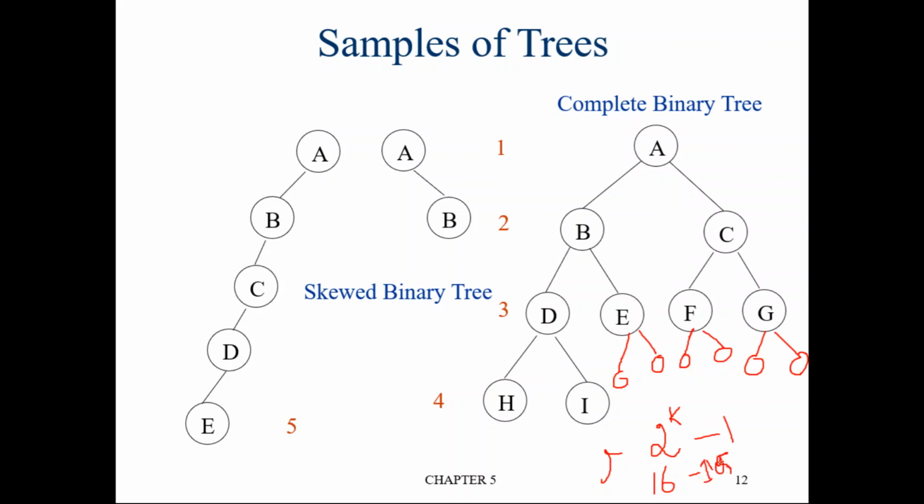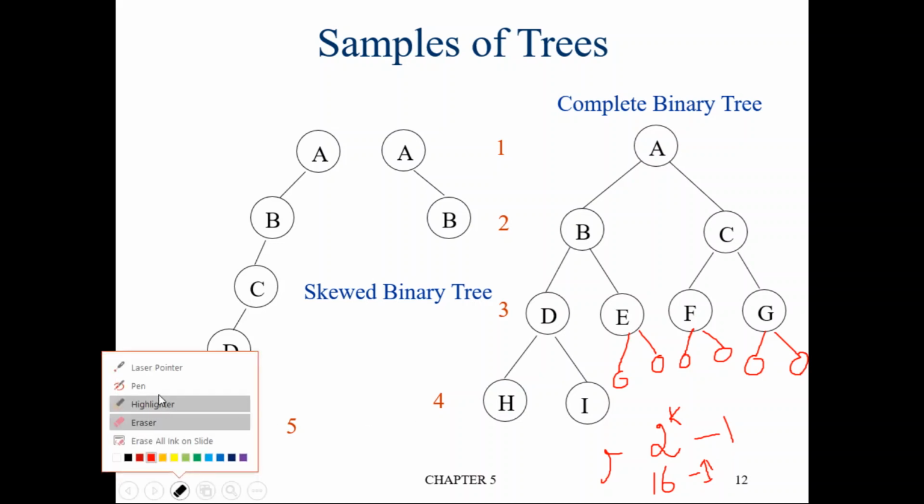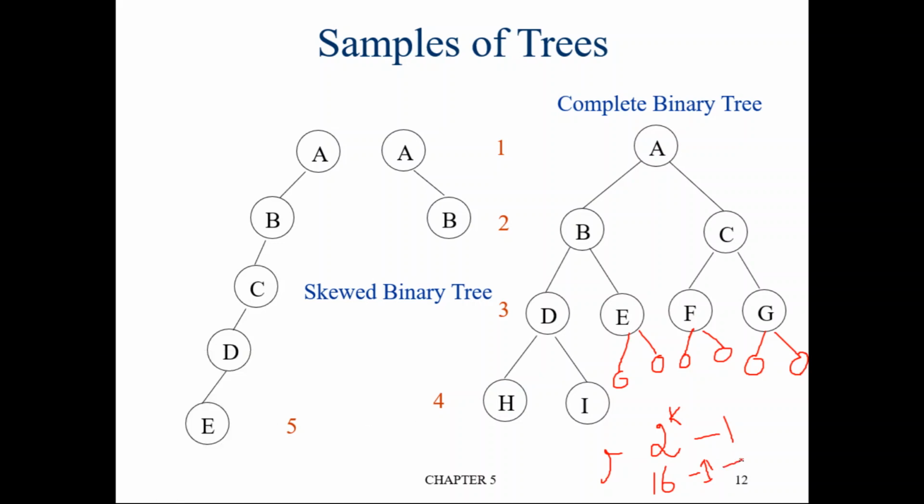So it can have maximum 15 nodes, right? So that is the point. If the depth of the binary tree is equal to k, then it can have maximum 2 to the power k minus 1 nodes. So you can add these 1 2 3 4 5 6 7 8 9 10 11 12 13 14 15.